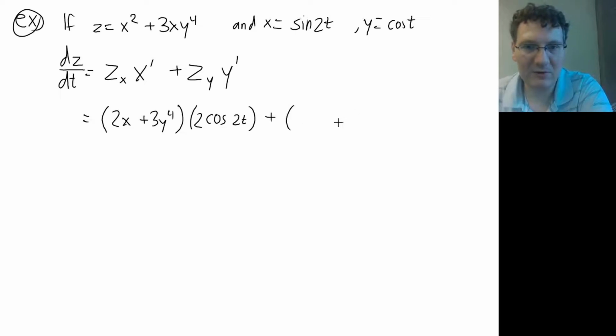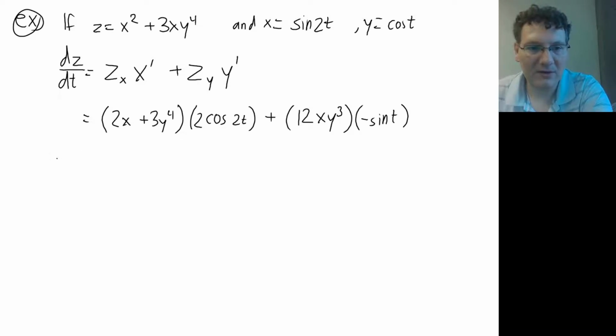Now the partial derivative of z with respect to y, the first term is going to be 0 because it's constant with respect to y, and then we're going to get 3 times 4 is a 12, x y cubed, and then the derivative of y is negative sine of t.